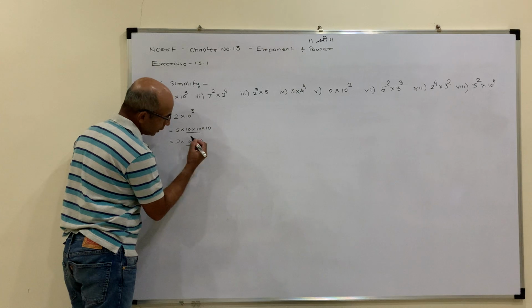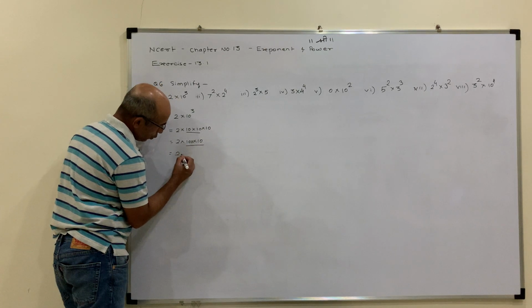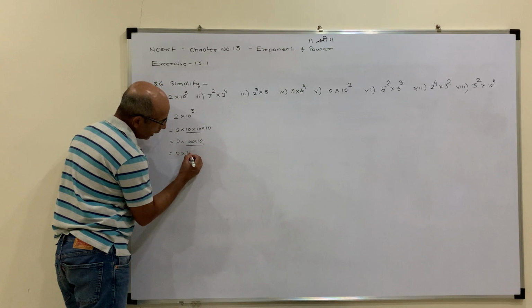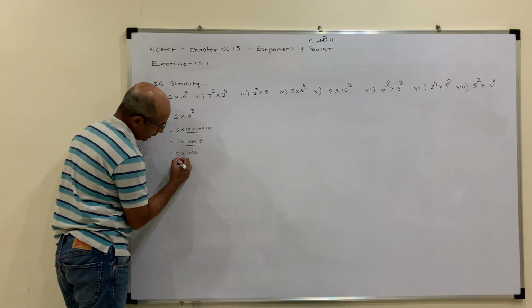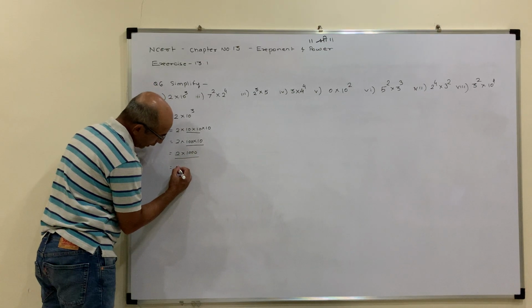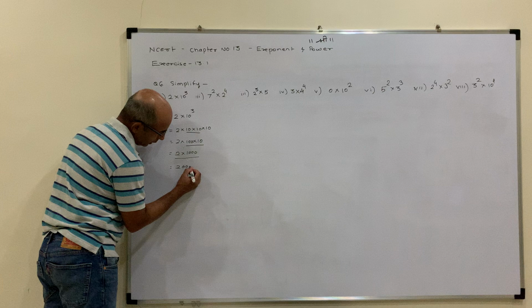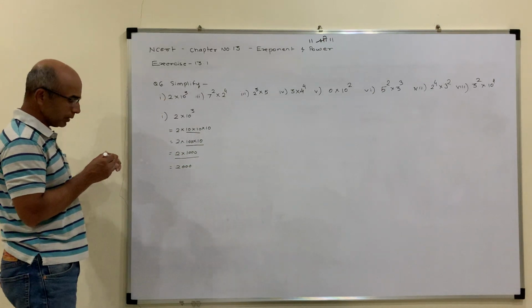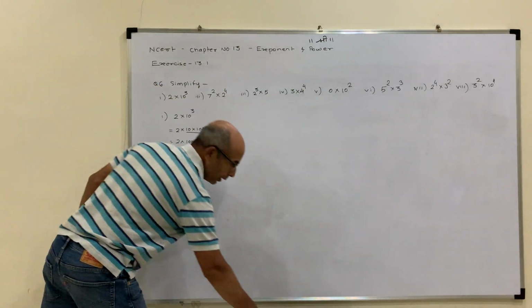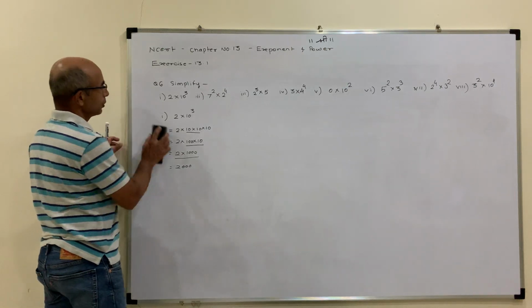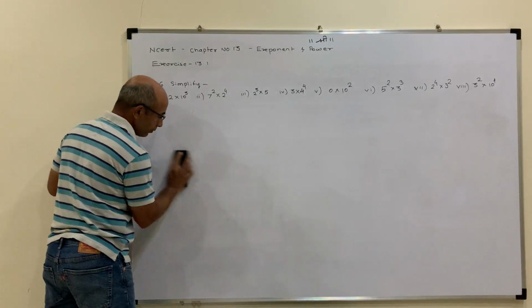That's equal to 2 into 100 into 10, which is 1000, and then 2 into 1000 comes out to be 2000. So the first is solved in this manner. Now let's move on to the second one.